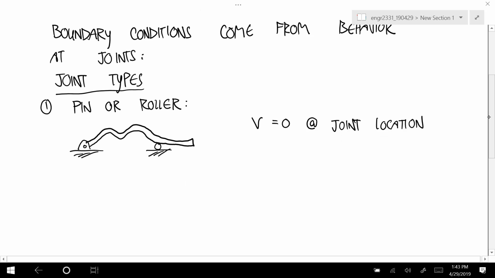And the only other type is a fixed joint. A fixed joint can't move up or down, just like the pin or the roller, but the angle also can't change at the fixed joint. So it has to start out horizontal, and then it can do whatever.